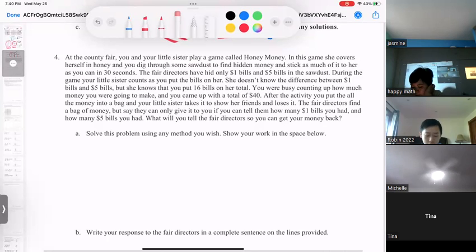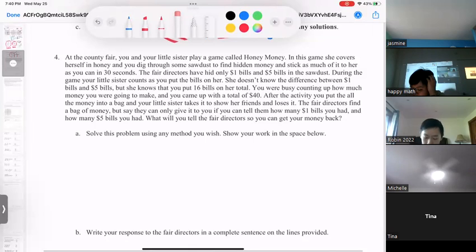The fair director has hidden only one $1 bill and another $5 bill, right? During the game, your little sister counts as you put the bills on her. She doesn't know the difference between $1 and $5. But she knows that you put 16 bills on her total, right?